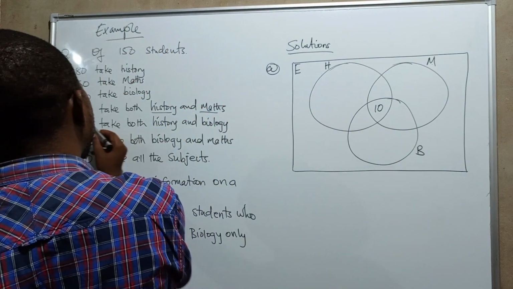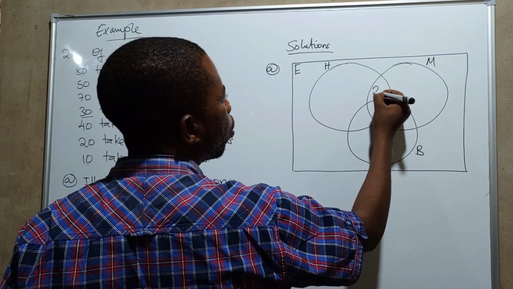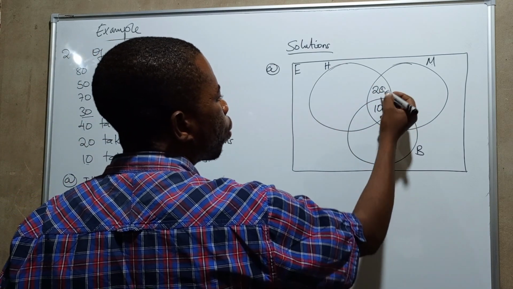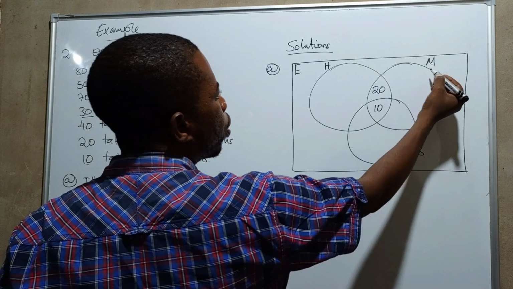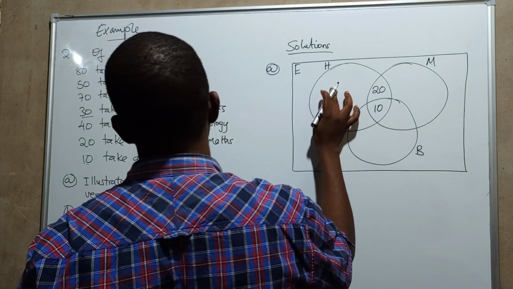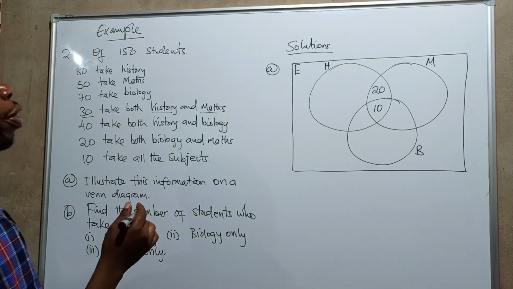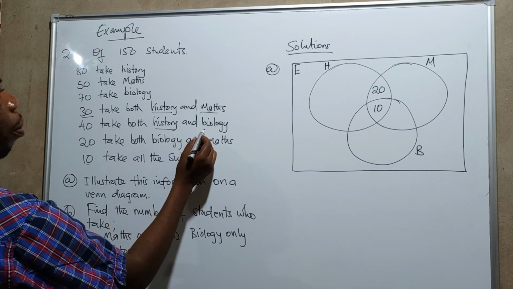So in that 30, remove the 10 and you remain with 20, which you put here. So that 20 plus 10 gives 30, which is in maths and also in history.